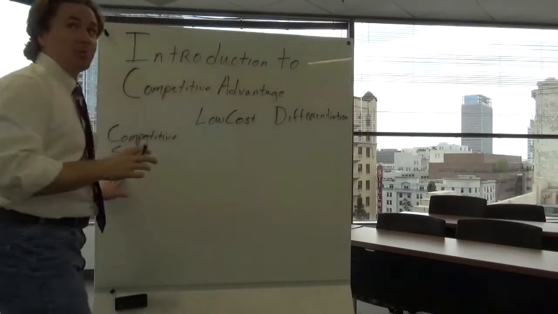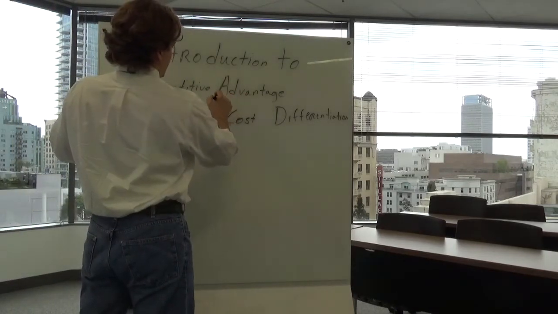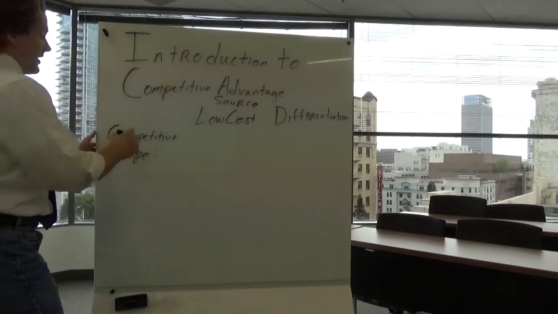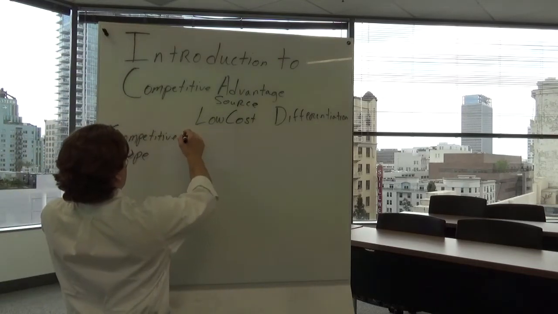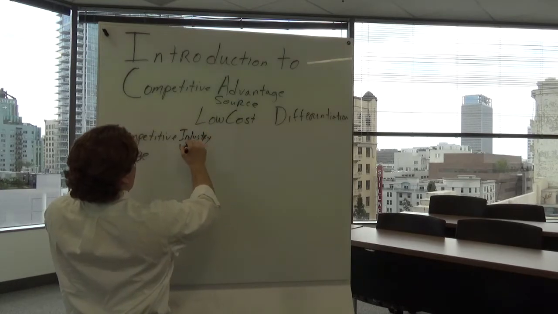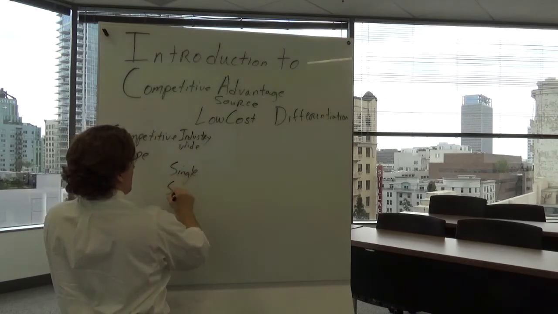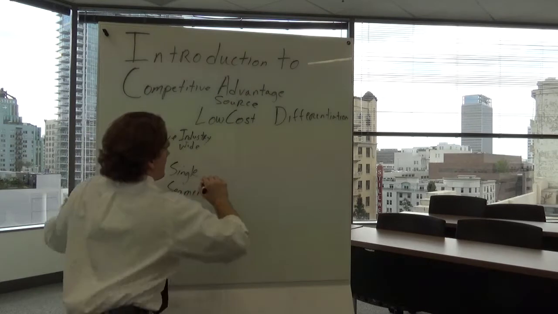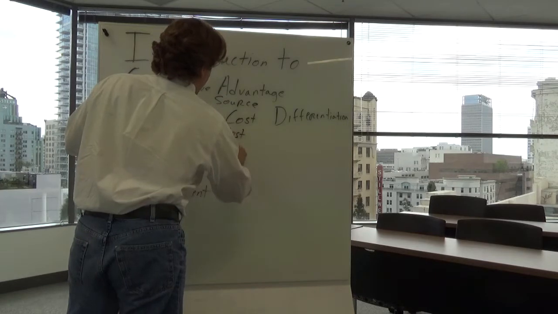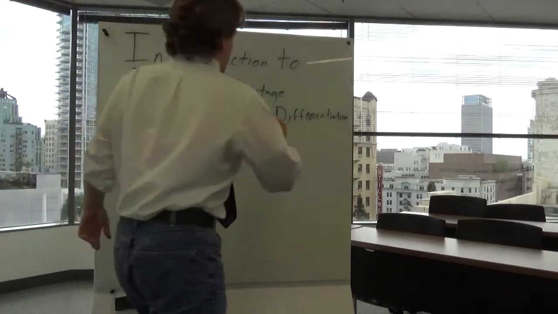So we've got competitive scope on our y-axis and source of competitive advantage, which we just talked about, across the top. Then you've got industry-wide, and you've got single segment. But then here you've got cost leadership, and you've got differentiation here.